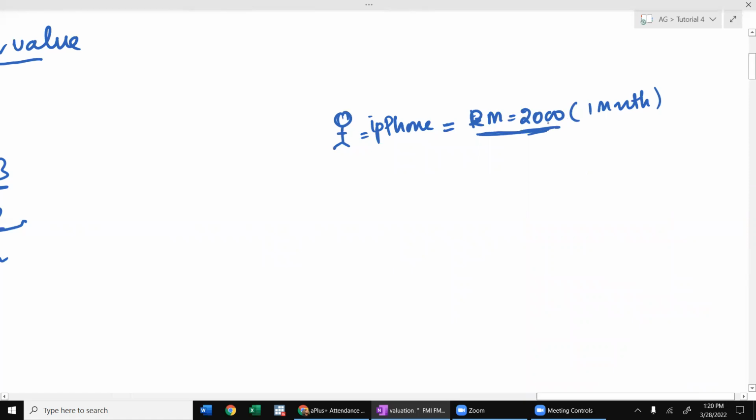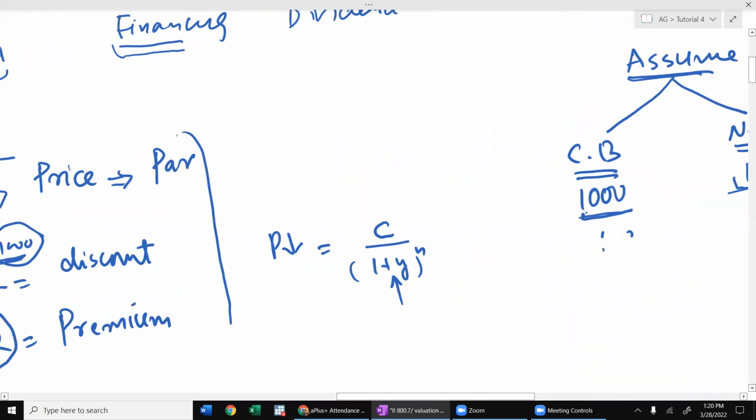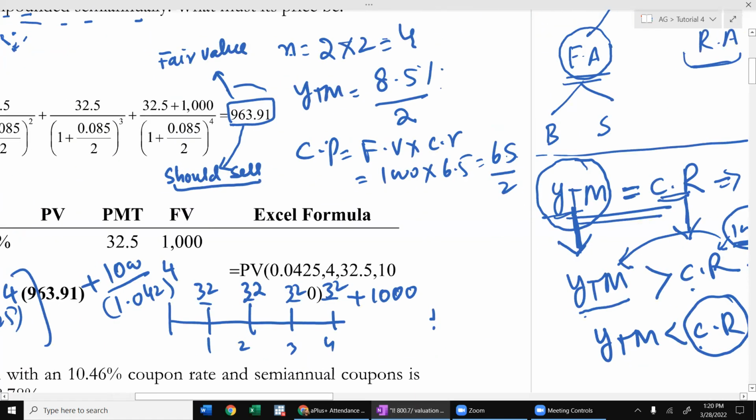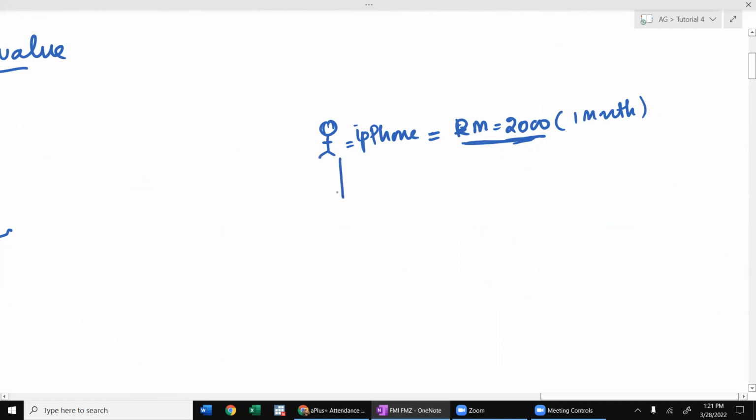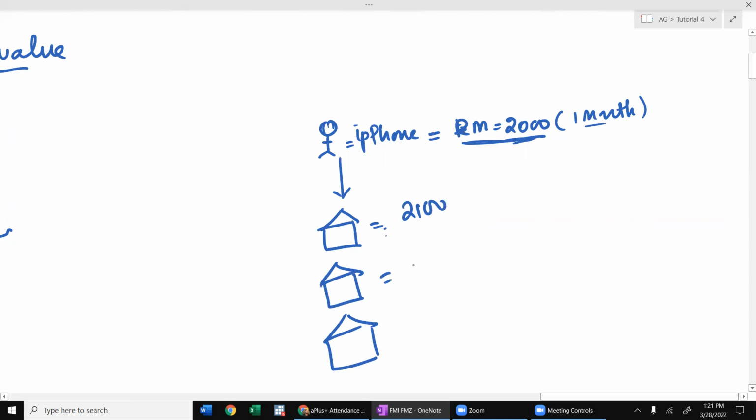This is similar to the calculation we have done here: the maximum you can pay is 963, according to your calculation. But when you go to the market, there are different sellers selling a similar one-month-used phone. This seller is selling at 2100, this seller at 2300, and this seller at 1800.